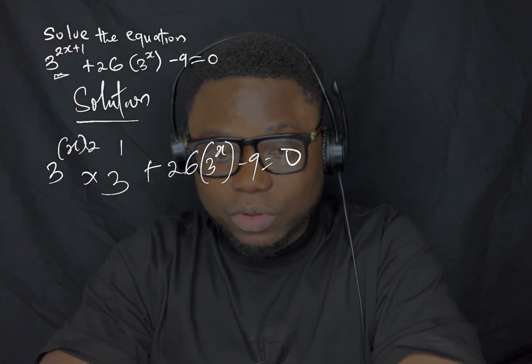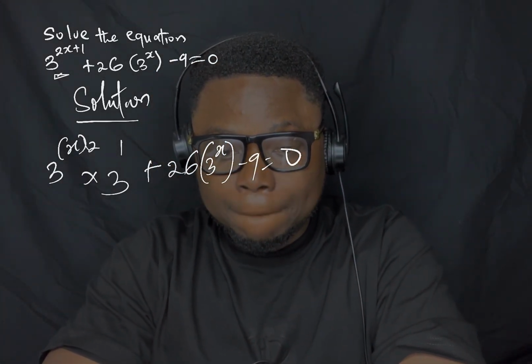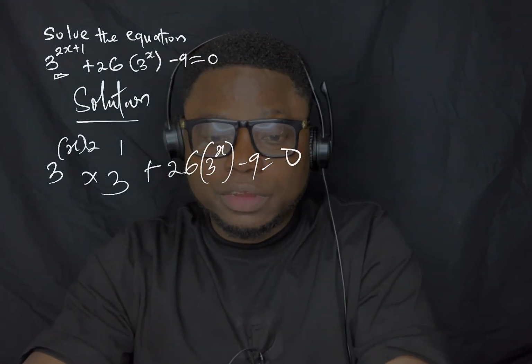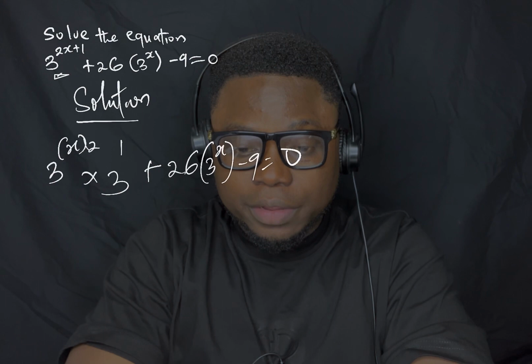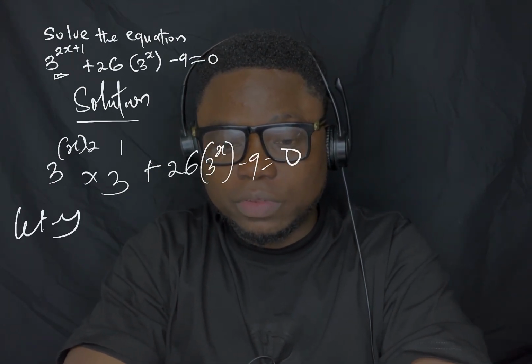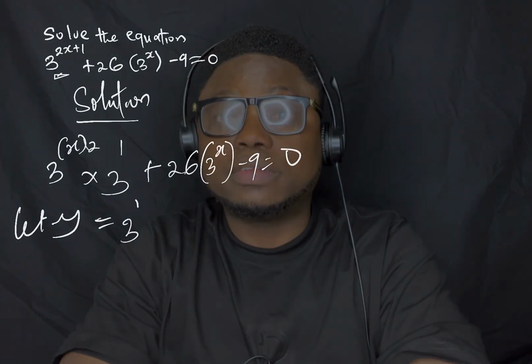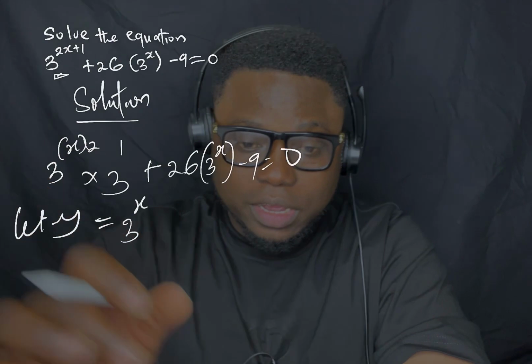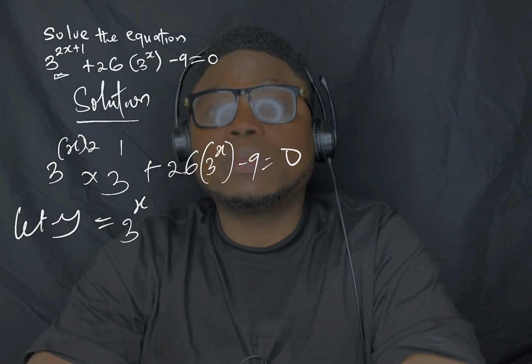So the next thing to do here is to introduce a third variable, or a letter y, and say let y is equal to 3 exponent x. So in this case, anywhere I see 3 exponent x, I'm going to replace it with y.